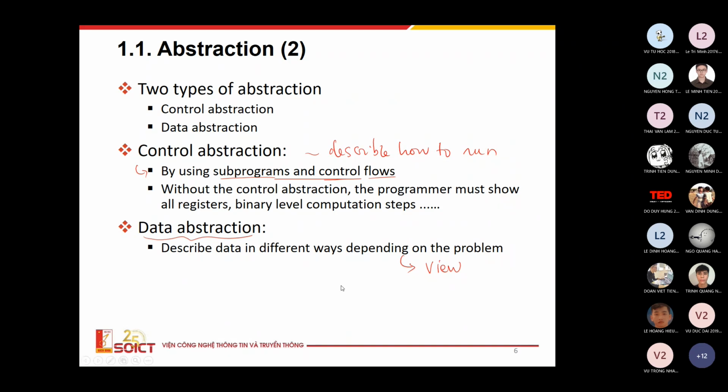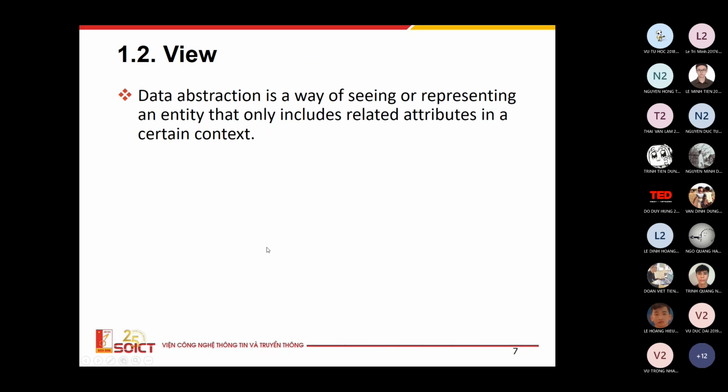That is depending on the problem. For example, we will describe the data differently. And we talked about it already, that for each problem, we just include related attributes in this context.